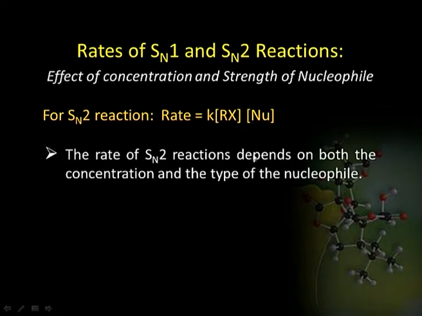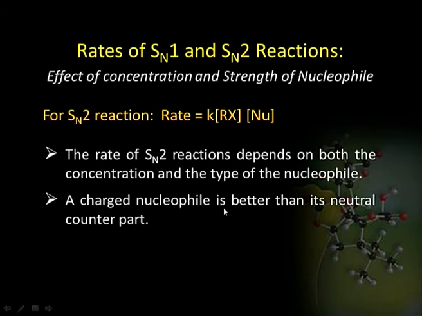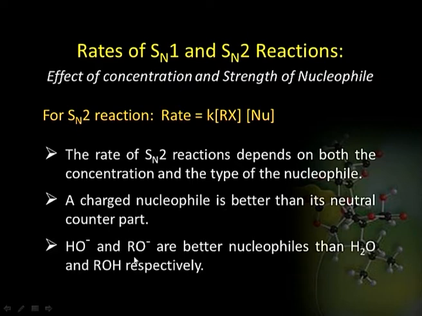The rate of SN2 reactions depends on both the concentration and the type of the nucleophile. A charged nucleophile is better than its neutral counterpart. Thus, a hydroxide and an alkoxide ion are better nucleophiles than water and the alcohol respectively.